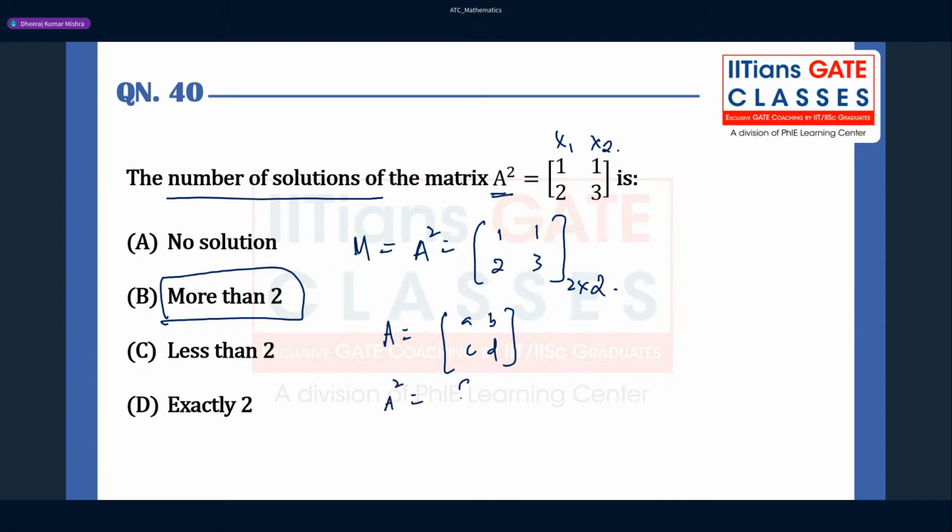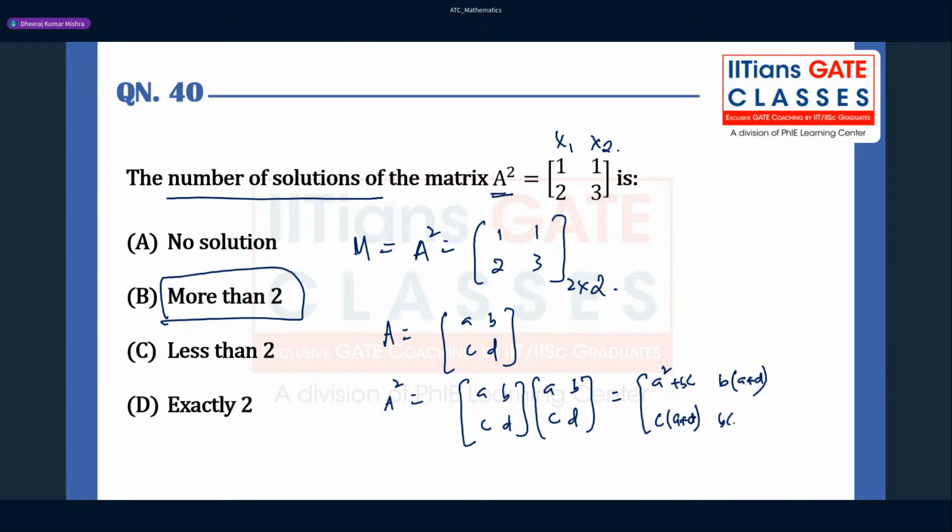So A, B, C, D times A, B, C, D. You can find this out. You will get A square plus BC, and B times A plus D, and C times A plus D. This is the lengthy process that I'm doing. So you will get this. Now you can equate with this.